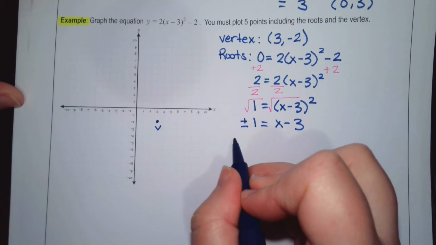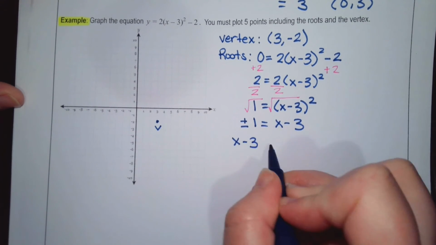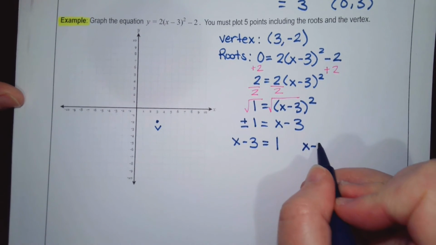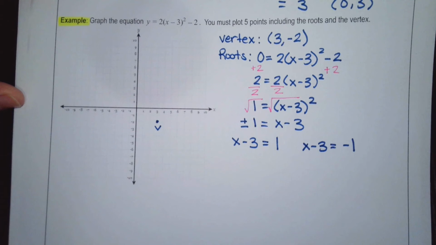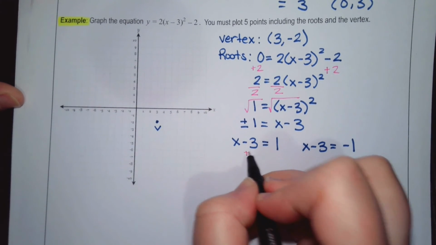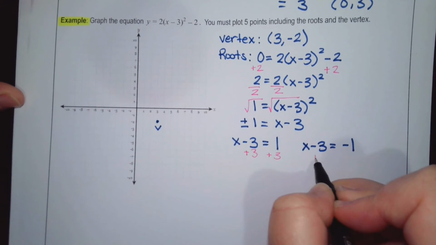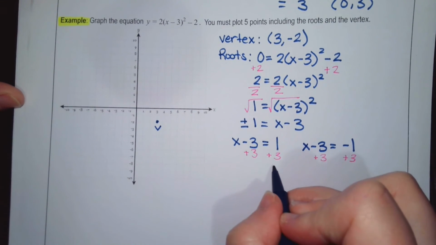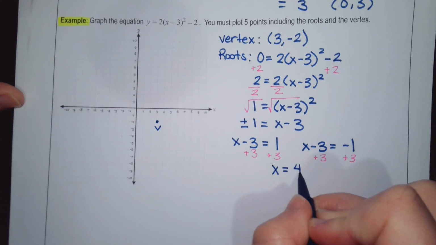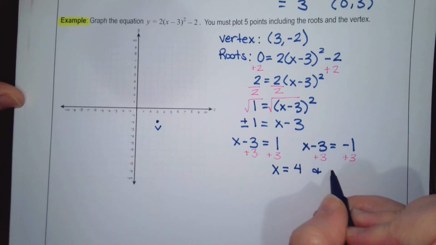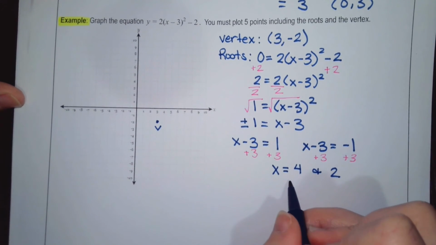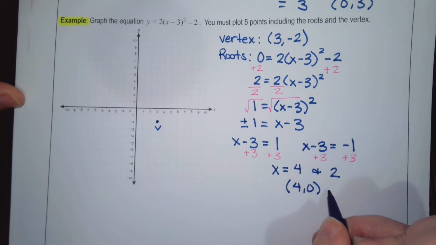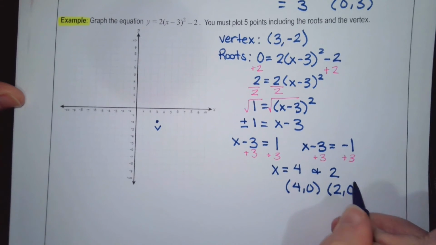And again, we're now going to separate into 2 equations we can solve. x minus 3 is equal to 1. x minus 3 is equal to -1. For both of them, we add 3. So we have x is equal to 4 and 2. So we're going to have (4, 0) and (2, 0).